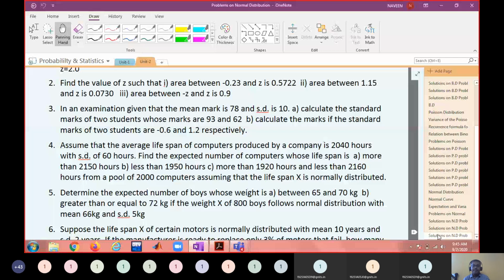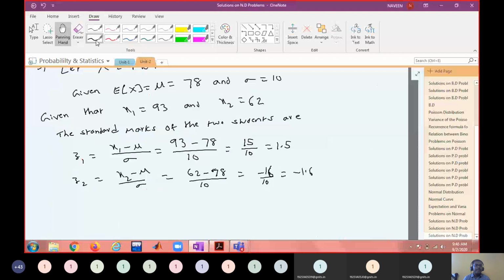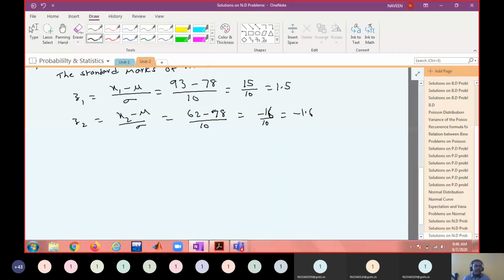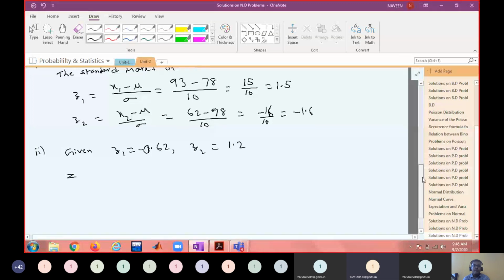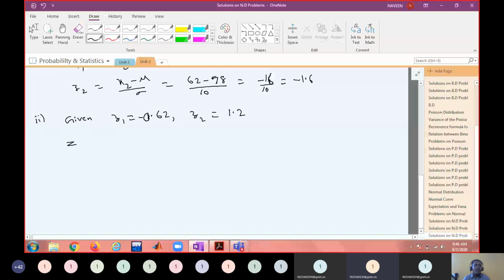So given Z1 and Z2 are minus 0.6 and 1.2.